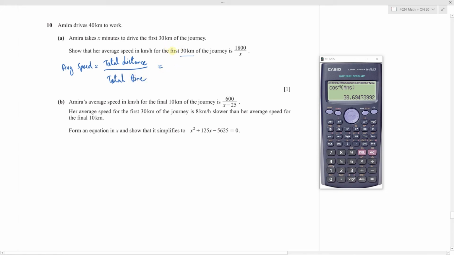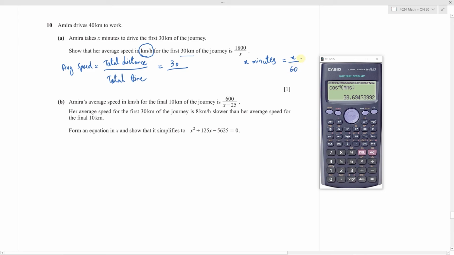Since we are calculating average speed for the first 30 kilometers of the journey, your total distance here is 30 and your time is X minutes. So you first need to calculate them in hours because you need the answer in kilometers per hour. So distance is already in kilometers. X minutes, if I convert them into hours, I will divide by 60.